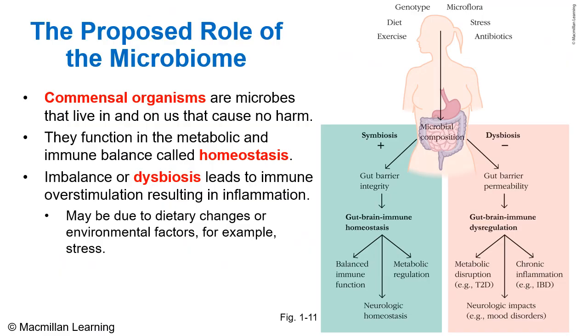Okay, so here you have your commensal bacteria that are really, really good for you. Okay? It is going to help you to keep your body homeostasis. So keep the body in balance. So with good bacteria, you're going to have symbiosis, like living together in harmony. You're going to create a good gut barrier.